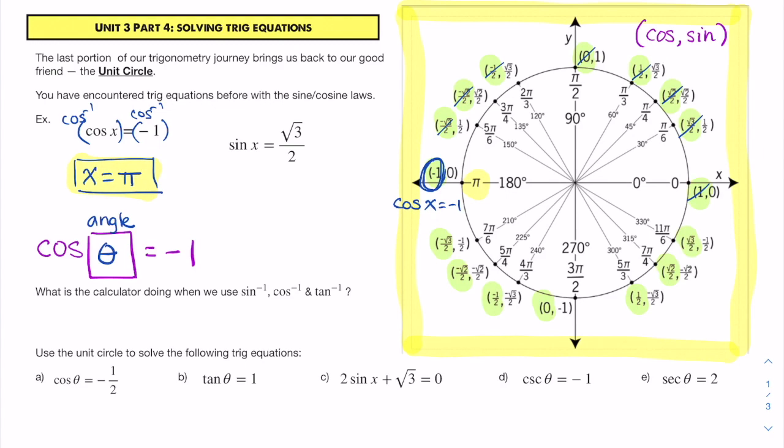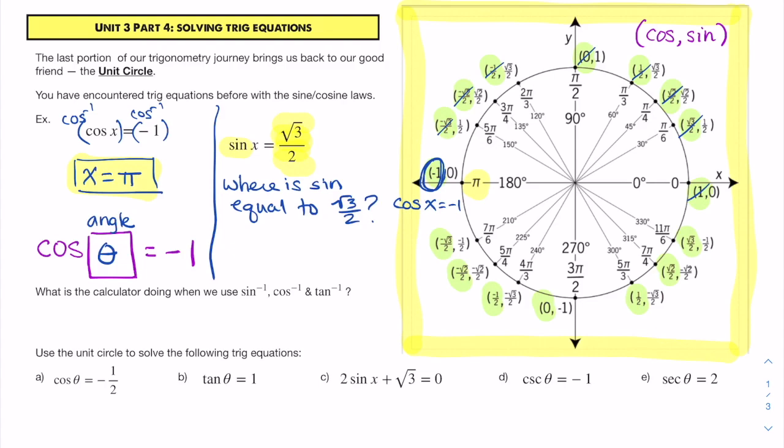Okay, let's look at the second one. So here it's saying sine of x equals radical 3/2. So pretty much this is asking where is sine equal to radical 3/2.